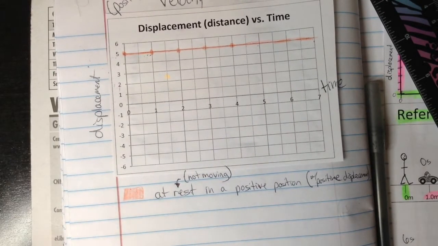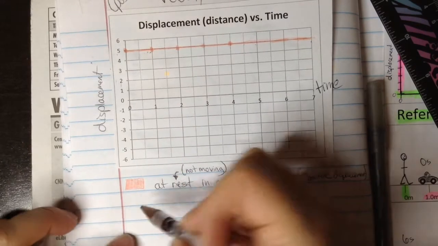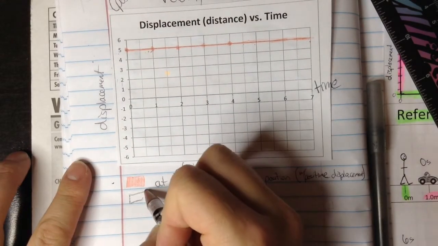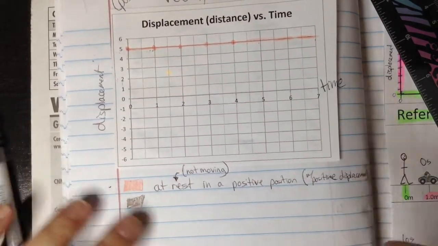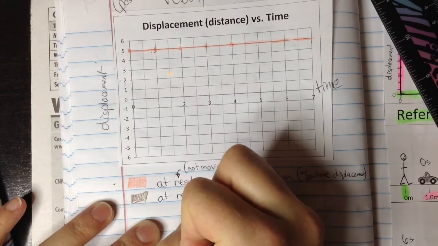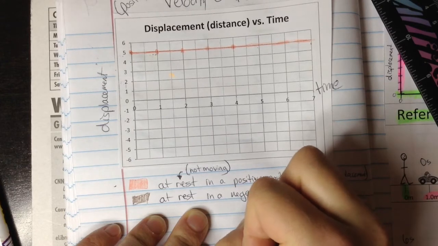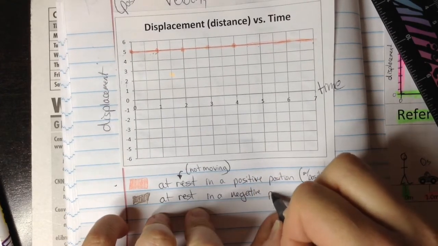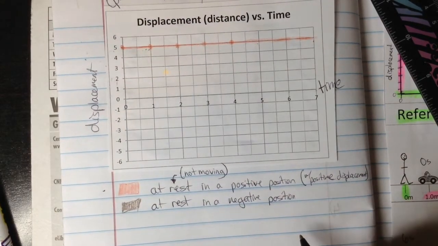Now, what about an object at rest in a not positive position? Well, let's see what we can do with that. So I'm going to do my brown. Little key for that. Object is at rest in a negative position, or you can say with a negative displacement.